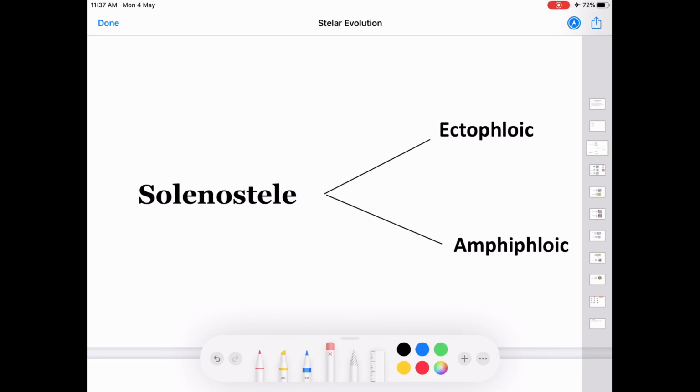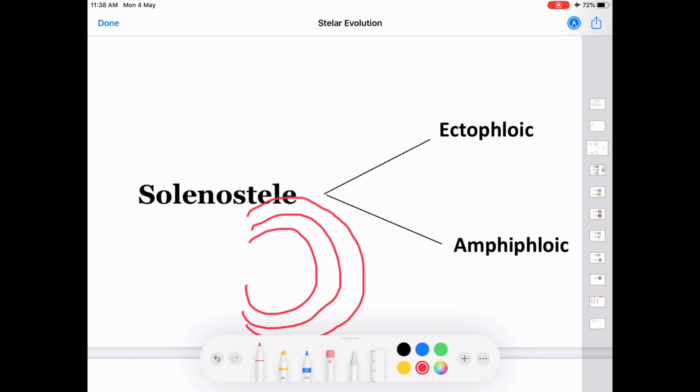In the case of solenostele, the central region is occupied by the pith. The pith is surrounded by the xylem and the xylem in turn is surrounded by the phloem.